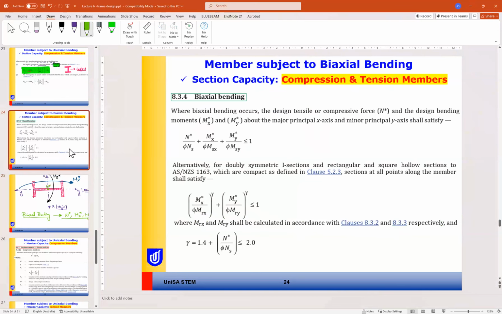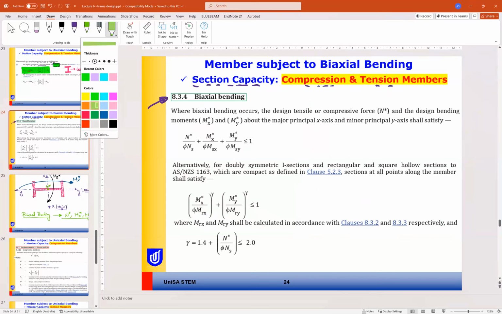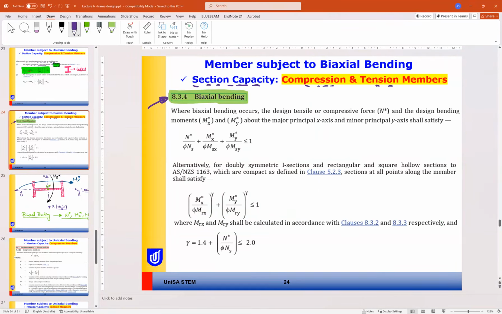So if the column is under N and Mx and My, the section capacity for this member, for tension and compression member, is in clause 8.3.4. Where biaxial bending occurs, the design tensile or compressive force N and the design bending moments about the major and minor axis shall satisfy the following formula.